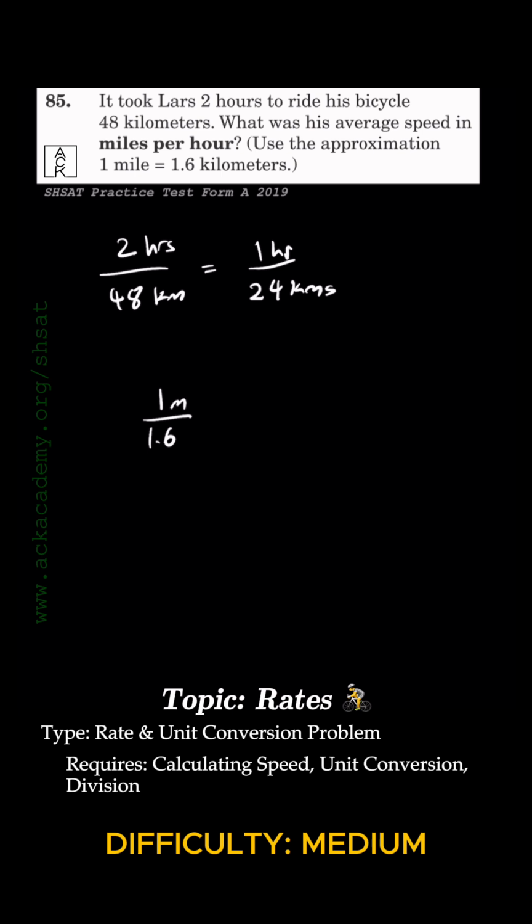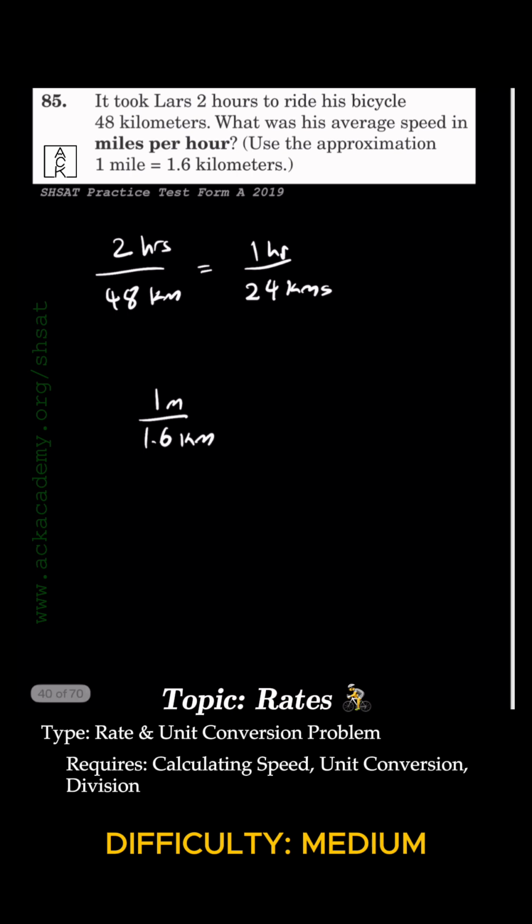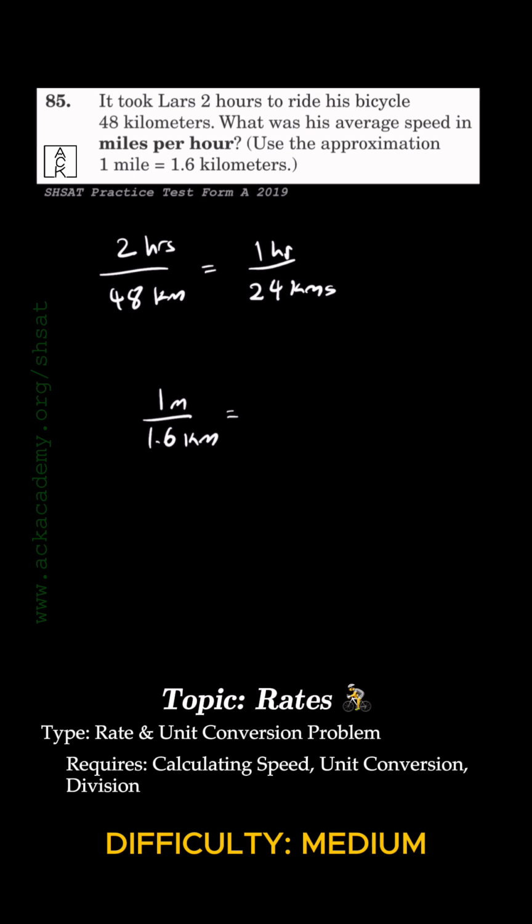So 1 mile is equal to 1.6 kilometers. So that's a ratio here, which is equal to miles we don't know, and the kilometers is 24 kilometers. Okay? And now we can do the classic cross multiply.